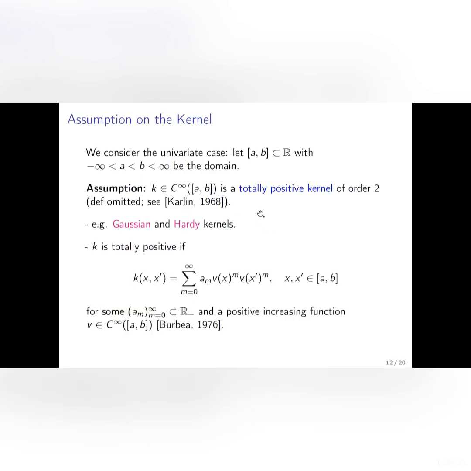Okay, and it is known that if your kernel can be written in this way, then it is totally positive. Here this is an infinite sum, the a_m are positive constants, and v_m(x) is a positive increasing function. Maybe you could define v_m(x) as a kind of polynomial, and you could interpret this as a kind of Taylor expansion.